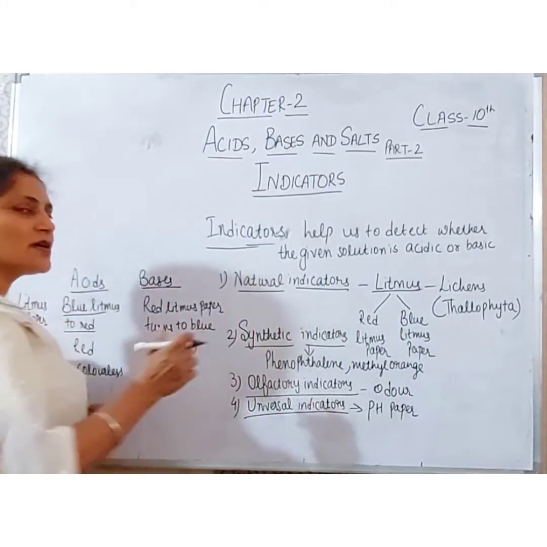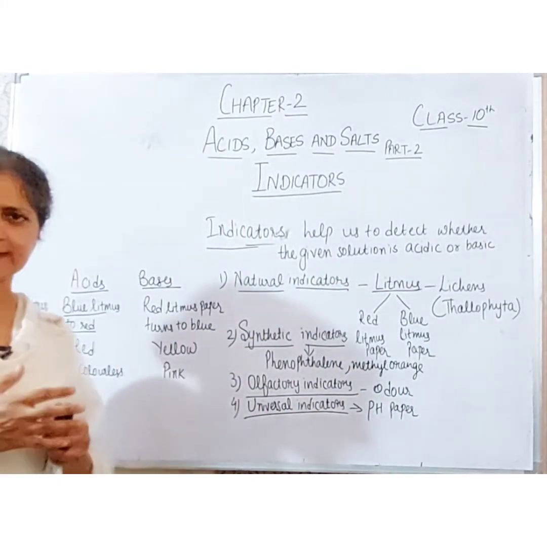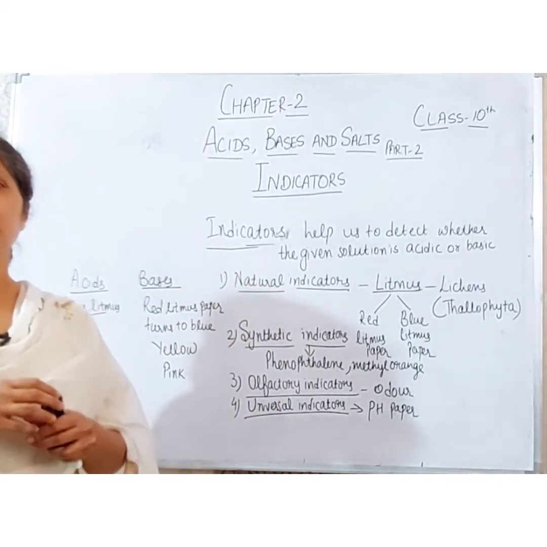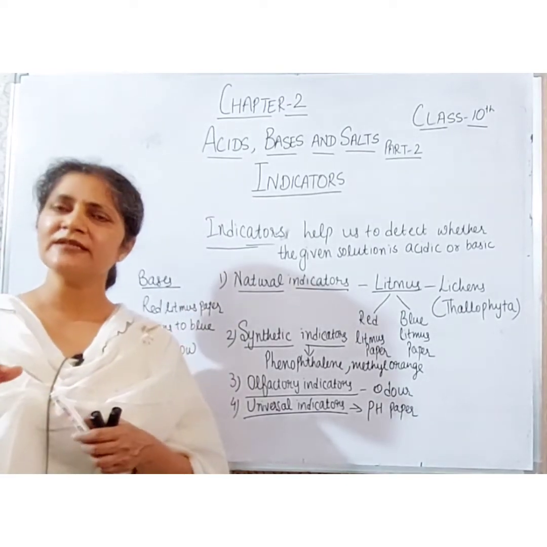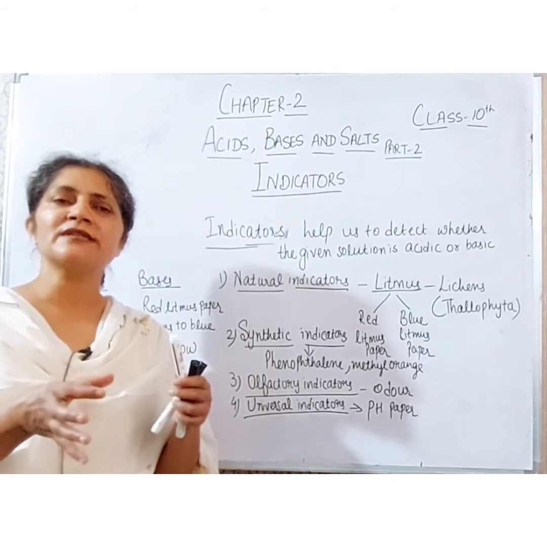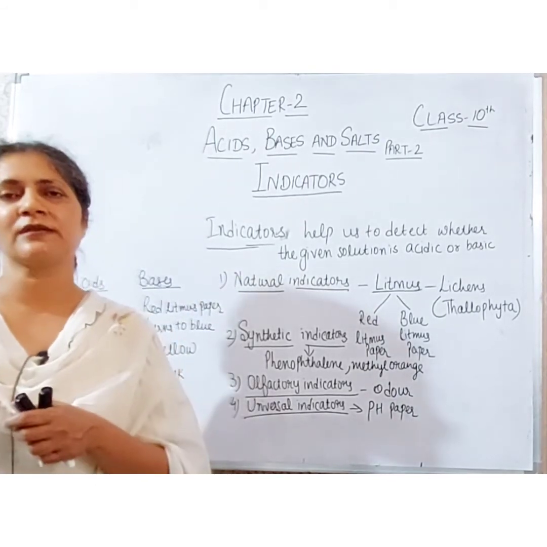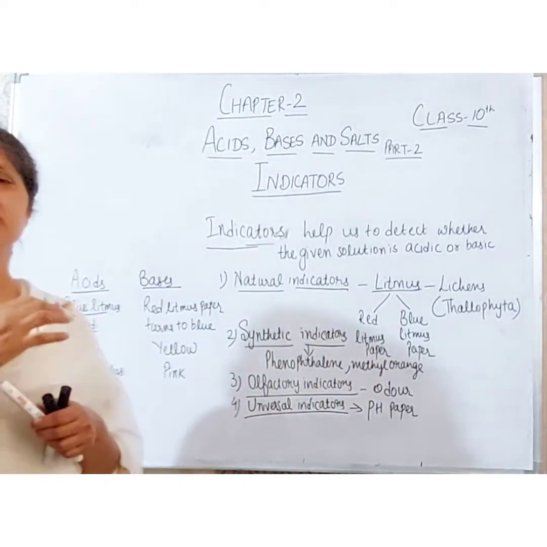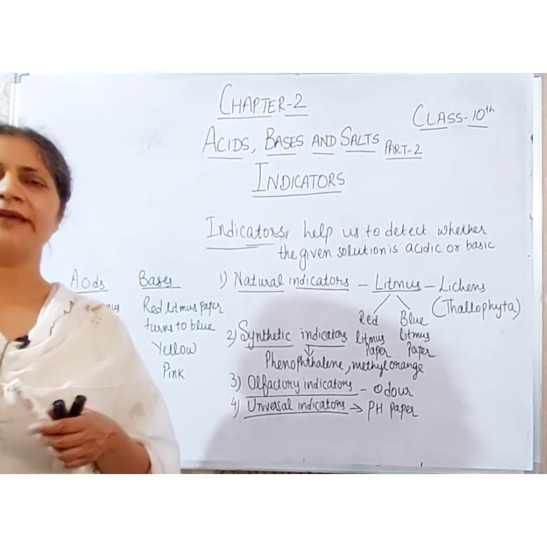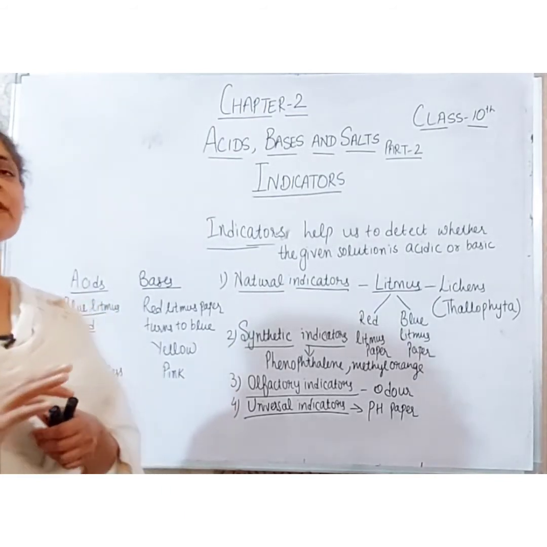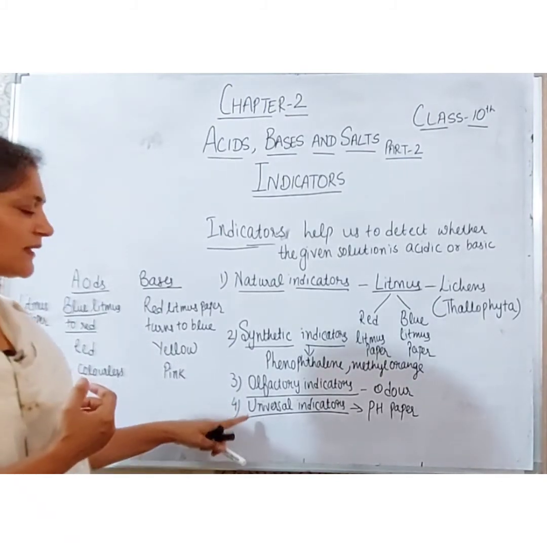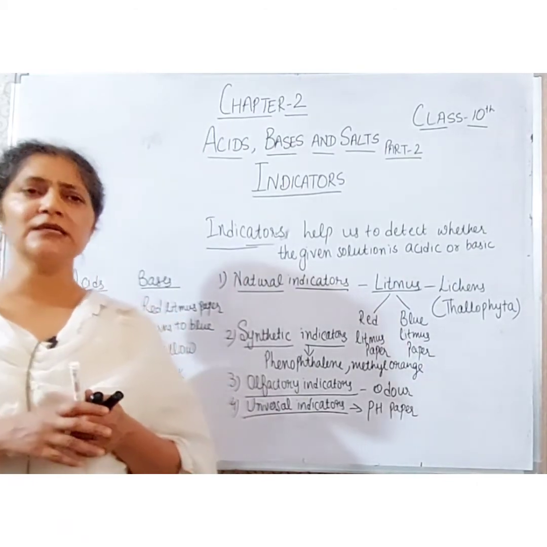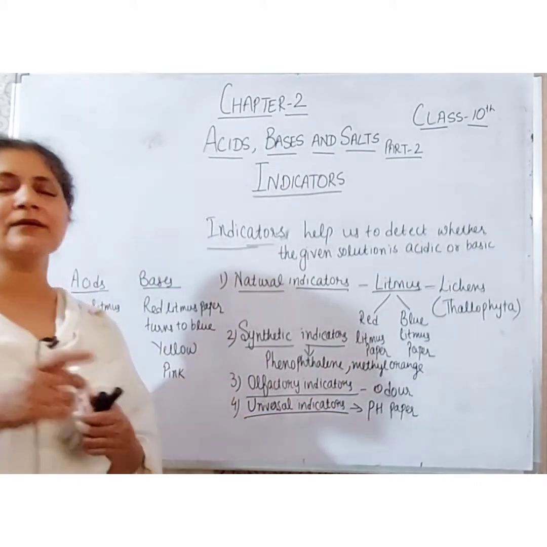From the other indicators, we differentiate whether the solution is acidic or basic, but with a universal indicator like pH paper, we can also tell how much the solution is acidic and how much it is basic. The detail of the pH paper, pH value and its concept we will discuss in another lecture.